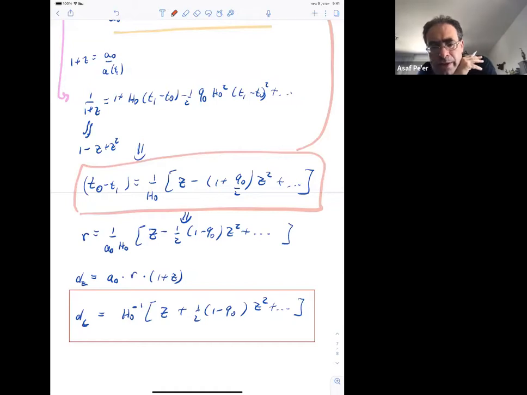Now this equation has a name, but you actually know the name. Do you know how we call this equation? Anybody want to guess?